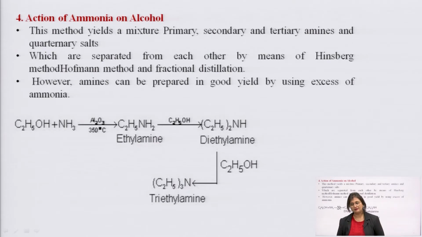Amines can also be prepared by the action of ammonia on alcohol. When ammonia is made to react with alcohol, primary amines can be produced through this reaction. This method yields a mixture of primary, secondary, tertiary and quaternary salts, which are separated from each other by means of the Hinsberg method.